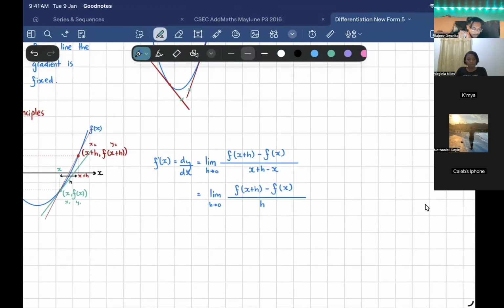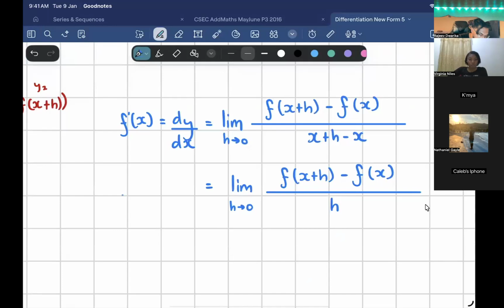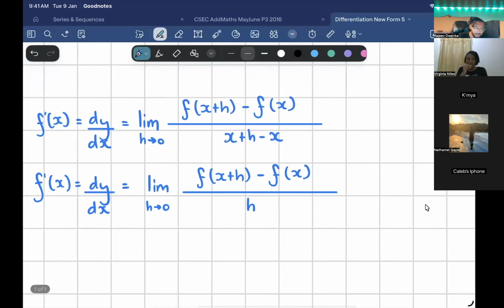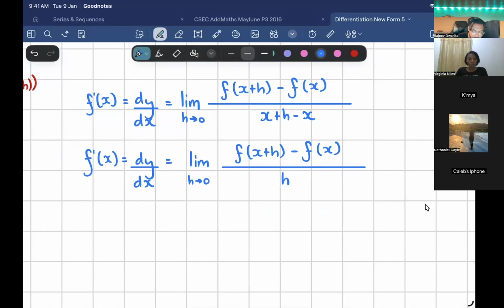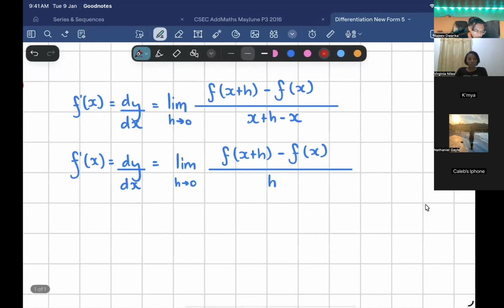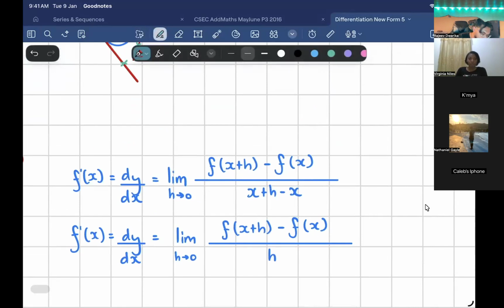Now you're probably saying, what is this, and when will I know to use this? Typically, you should use it when they ask you to find the first derivative from first principles. The proper name for this is differentiation from first principles.